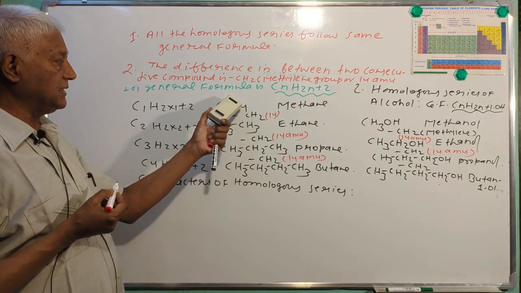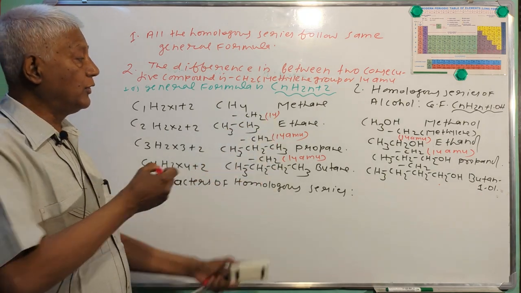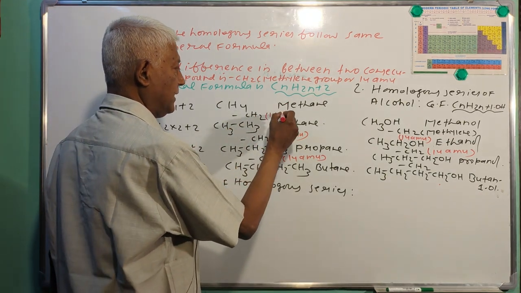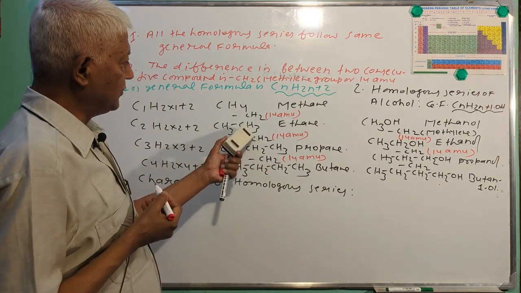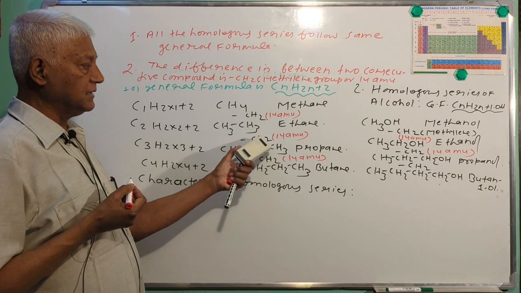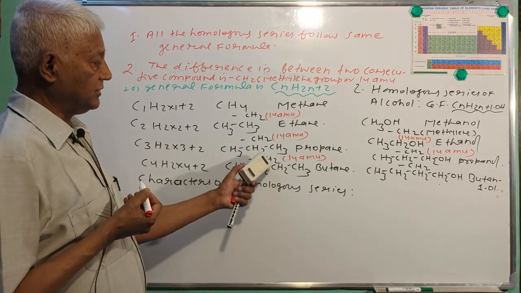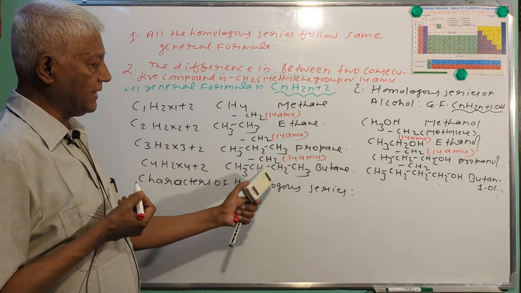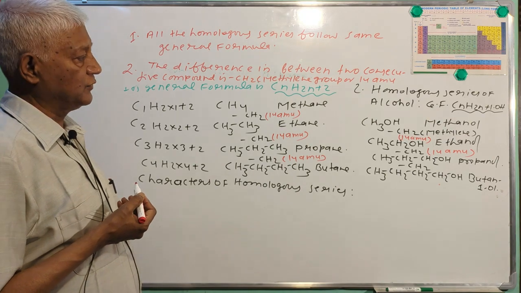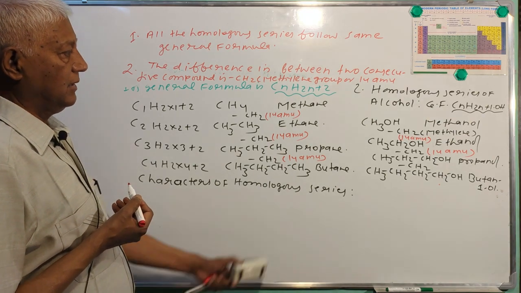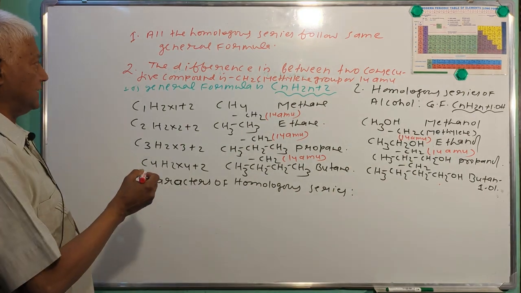The difference between methane and ethane is always CH2, we can say 14 atomic mass unit. The difference between ethane and propane is CH2, or 14 AMU. The difference between propane and butane is how much? 14 AMU. Always we have to keep in mind, in both formulas we will get the same characters.